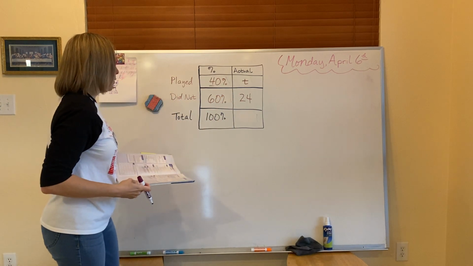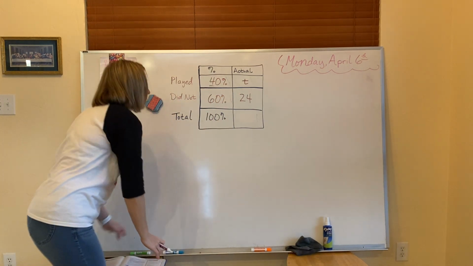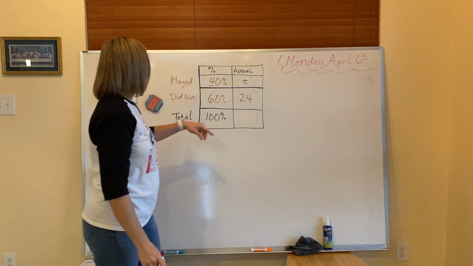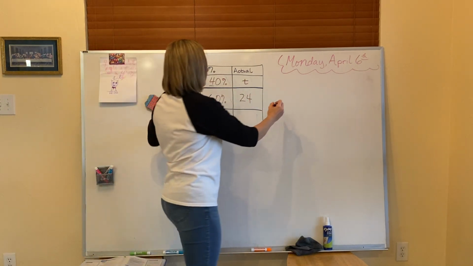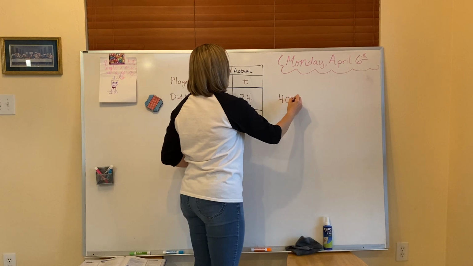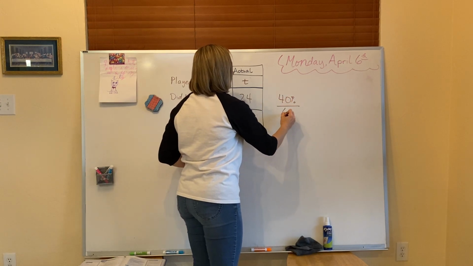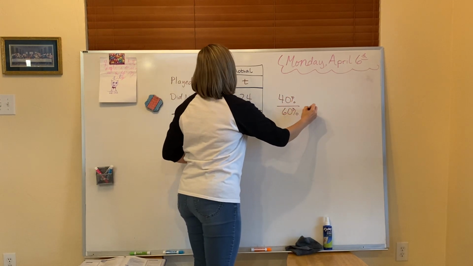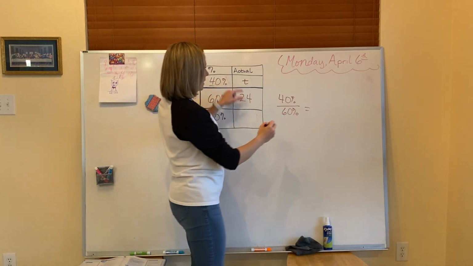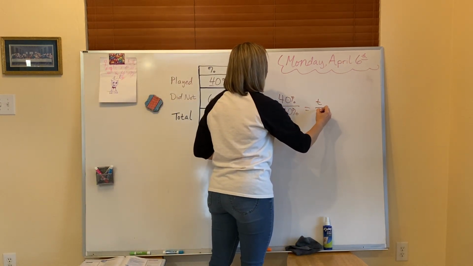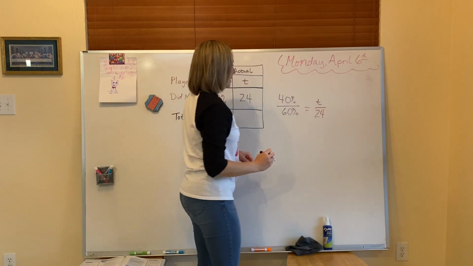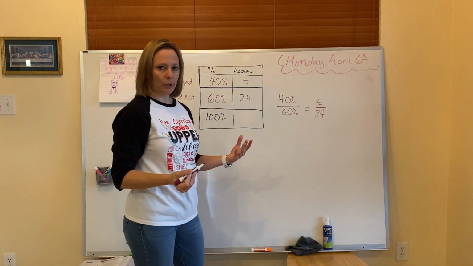Now we can set up an equality and solve for the number that played, okay? So we can say 40% is to 60% as T is to 24. Okay, what can we reduce?